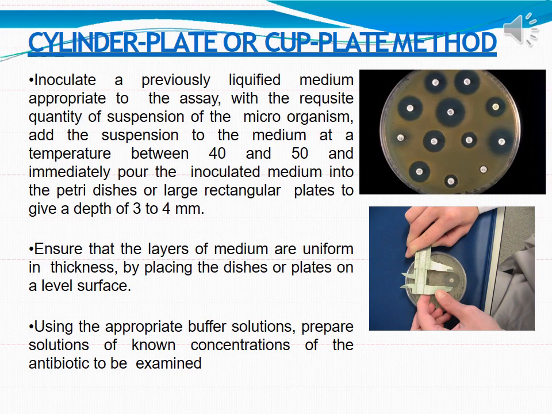So if you are comparing two antibiotics, one your test and one your standard, if the zone of inhibition of both is the same, both have the same activity. If the zone of inhibition of your test is smaller than your standard, the standard is a better antibiotic and your test is not. So this is how we can use the cup and plate method to find out the assay of an antibiotic.